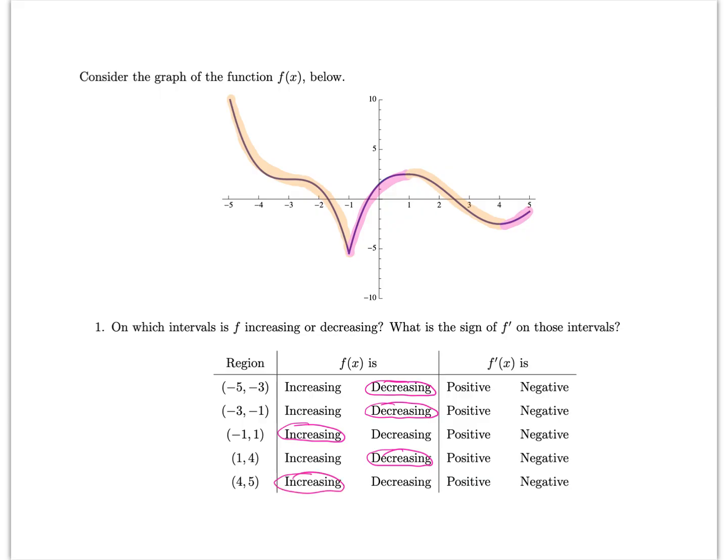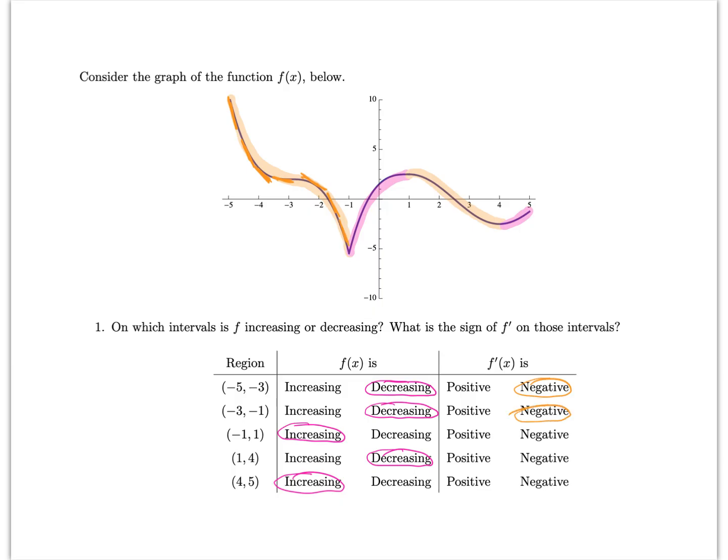Now, on each of those intervals, I want to measure the slope of the tangent line, also known as f prime. So I'm going to draw some little tangent lines in. So from -5 to -3, drawing tangent lines, these all appear to have negative slopes. And then from -3 to -1, also negative slopes.